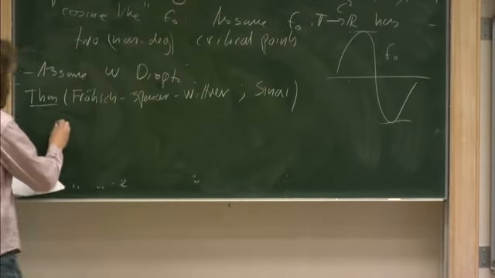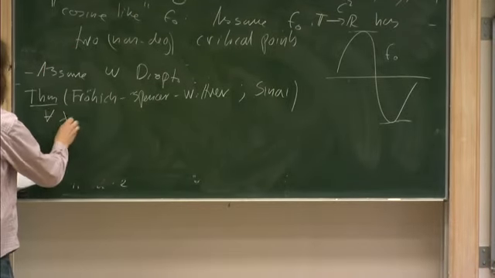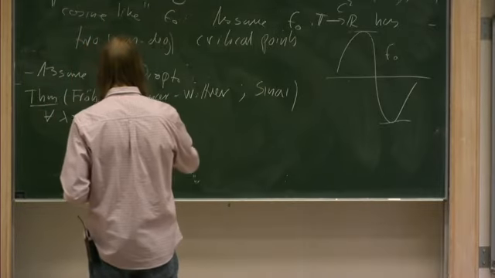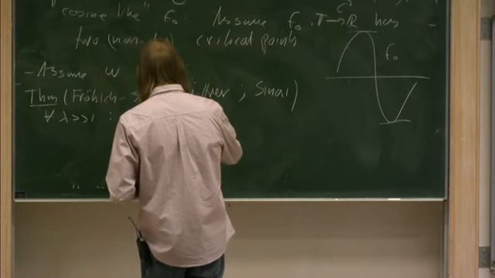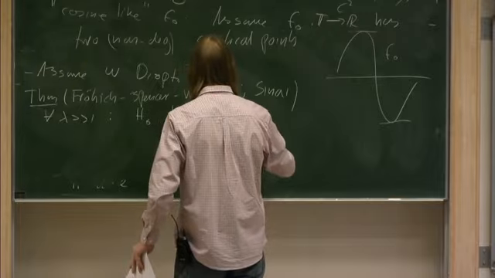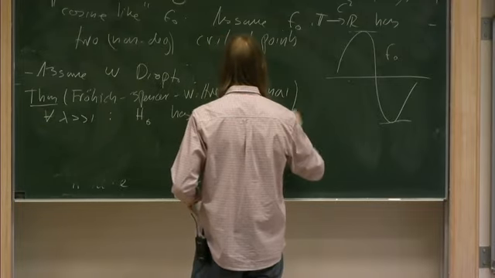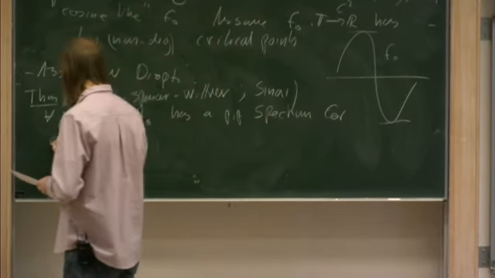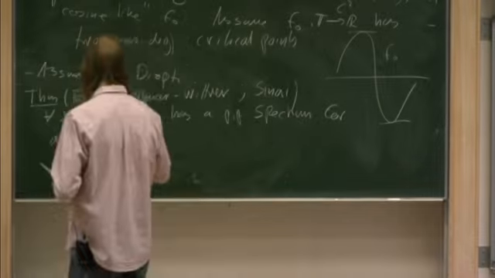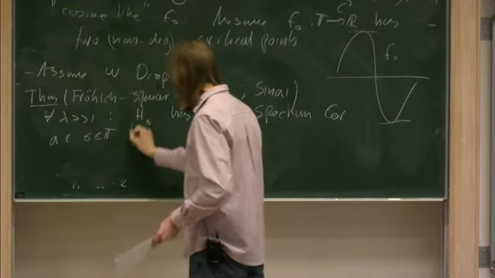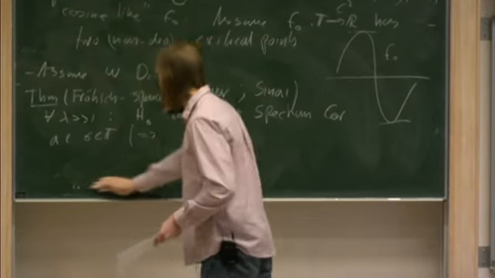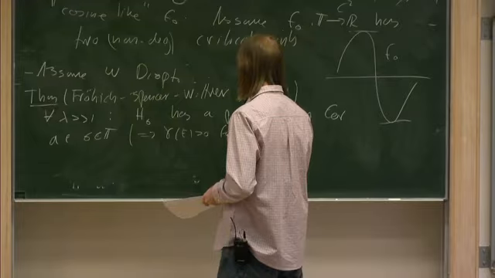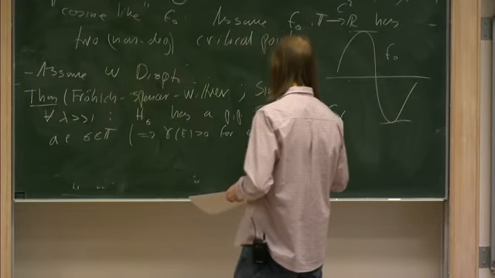So they say that for all lambda sufficiently large, this Schrödinger operator has a pure point spectrum for almost every phase theta, and then by Kotani theory, this implies that the Lyapunov exponent is positive for almost every parameter E.